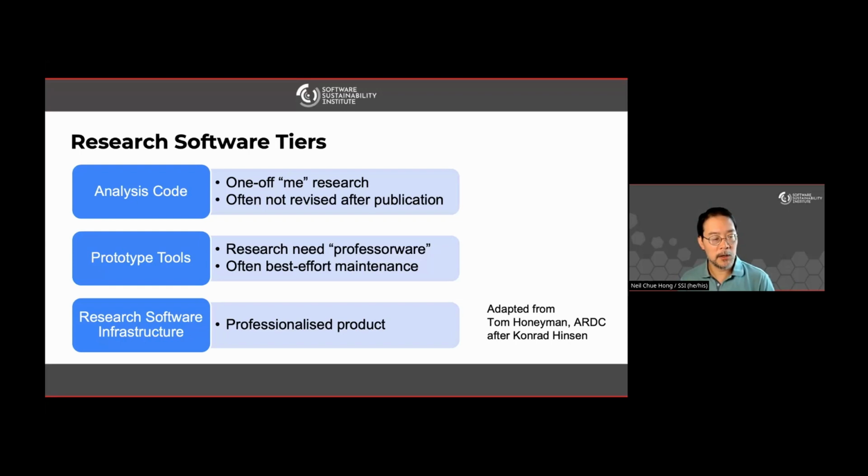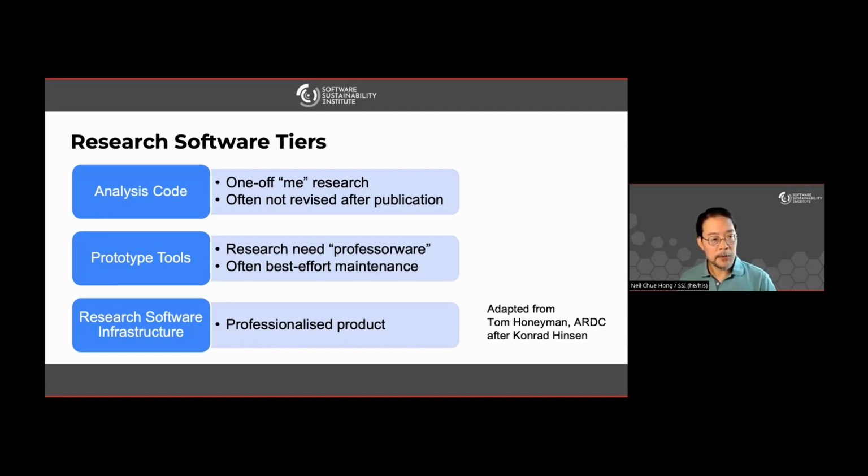It's the scripts that are used on a one-off basis to either process or visualize the results of some research, and it's then maybe used in a paper. Often, the only thing that happens with this code is it's deposited with the paper, or sometimes not deposited with the paper, and it's rarely revised after the publication. So it's really designed as something that is used by one person for one purpose.